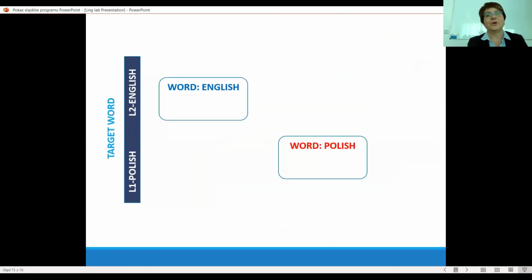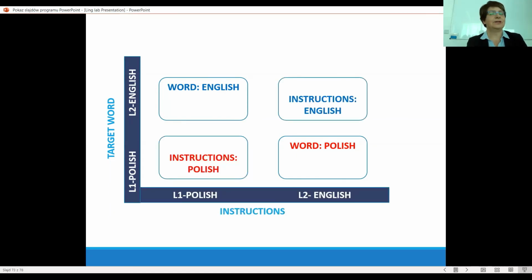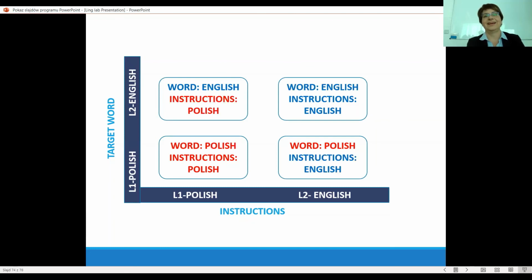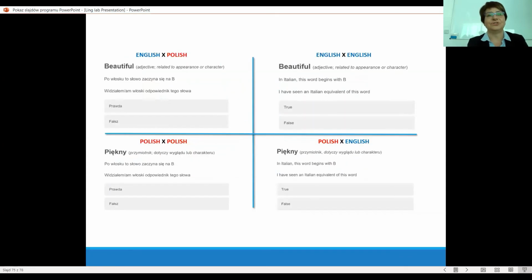You can present the target word in English or in Polish, in our case, and you can present the instructions, those sentences, in English or in Polish. And you can arrive at four different versions in this way. That was our first study: which language version to choose? It was like a Latin square design.